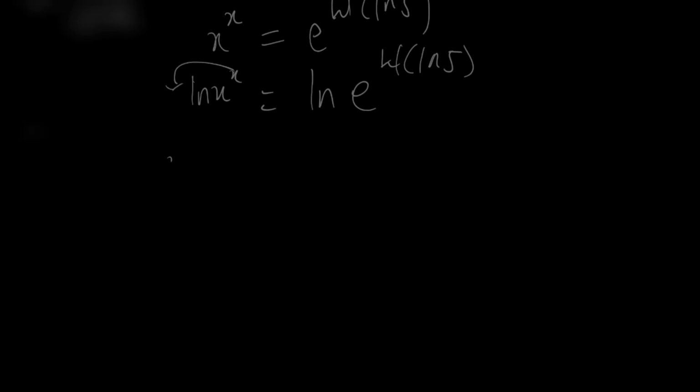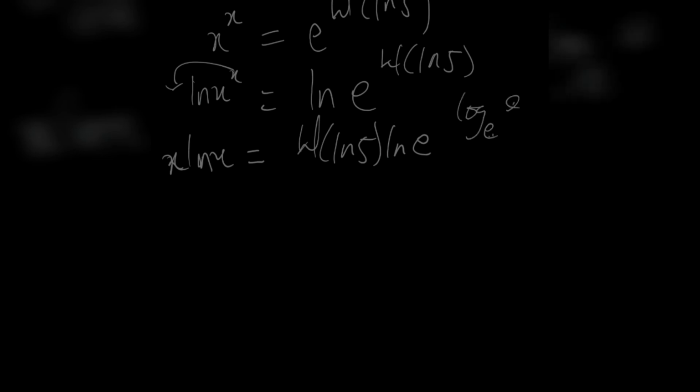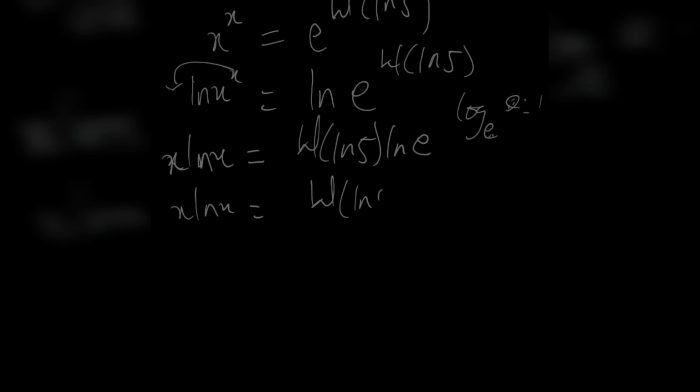This one moves to this side, so we get this x ln of x equals, this one can also move to the other side, so we get this. But I know the natural log of e is the same thing as 1, right? Base the same thing, so it's just 1. So we get this equals product log of 5, because the whole of this is 1.